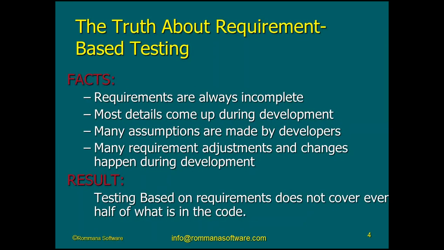Also, we all know that many adjustments to those requirements happen during development. Meaning what? Meaning that we talk to the business analyst or the customer or whoever wrote the requirement, or in an Agile project, we talk more to the product owner, so we make some adjustments, or developers make adjustments.